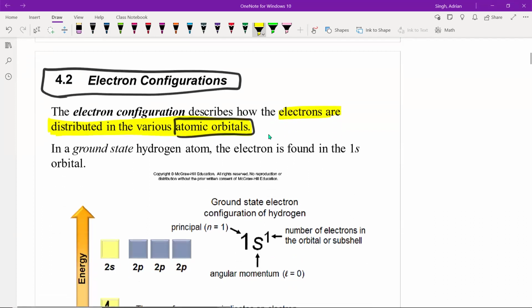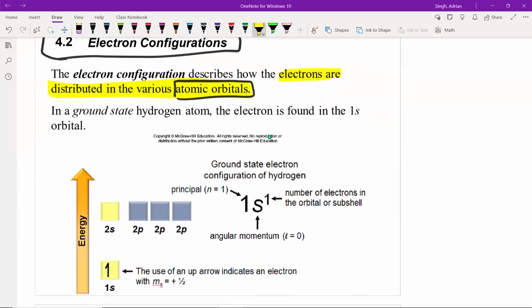So as a reference, we did use hydrogen as our basis for our understanding of the atom and the electron to begin with. And as a reminder, hydrogen, atomic number one, is going to have one electron. So it's a single electron system, the simplest system that we can possibly study.